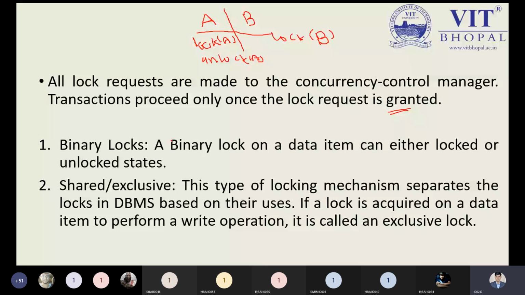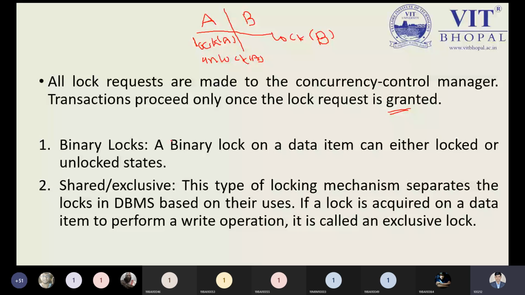Let me take a simple example. Right now I have a mobile. You also have a mobile, but you want to talk to your friend using my mobile, and I will deny. I will not give you my phone. Why? Because this is my own phone, so I am locking it. If I lock my phone with a pattern and you try to take my mobile, you can have it, no problem, but you can't access the phone because it is locked.